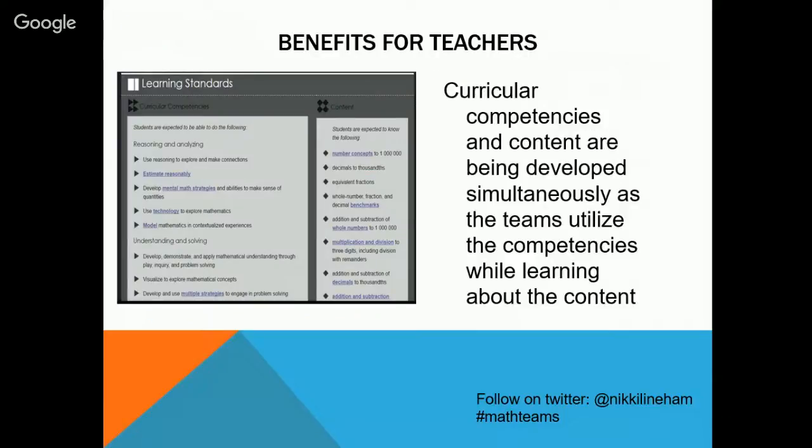If you are a teacher in British Columbia, like myself, then the other huge benefit for you is that these teams utilize all of the curricular competencies in math. So you are teaching the content interlocked with the competencies, which is how the curriculum is designed, and the teams do this in an amazing way, especially with the multiple representations and the visualizing, because we ensure that they're doing math visually as well as procedurally, and they're able to communicate their understanding.